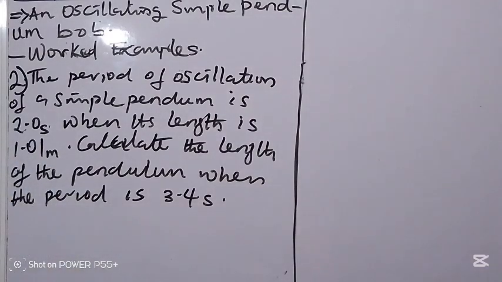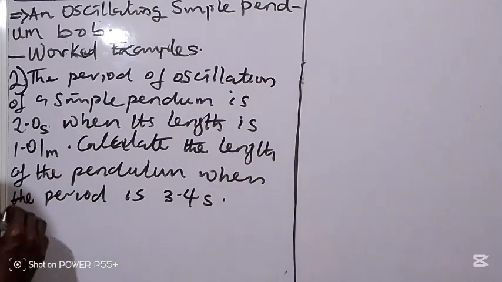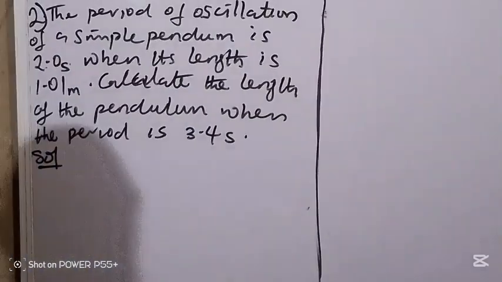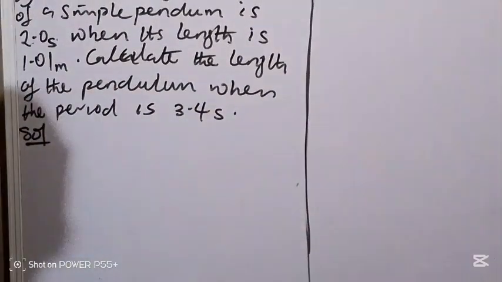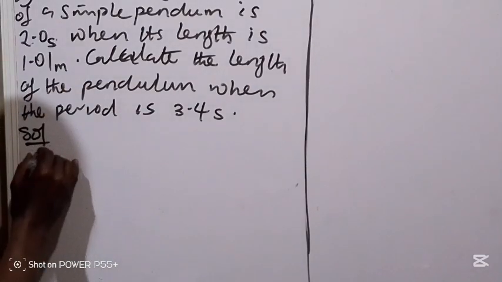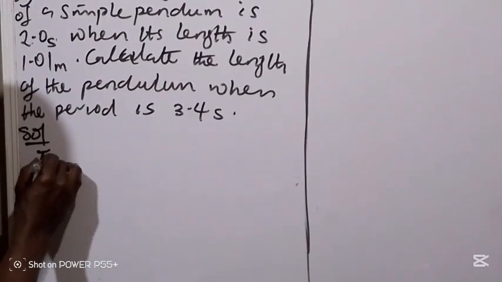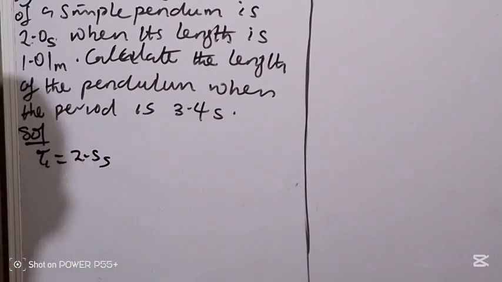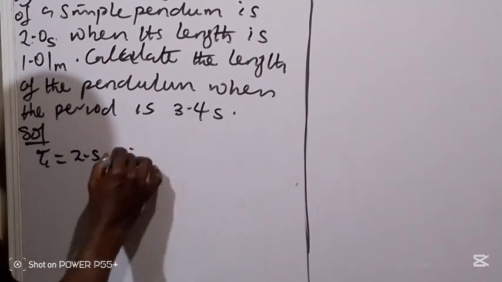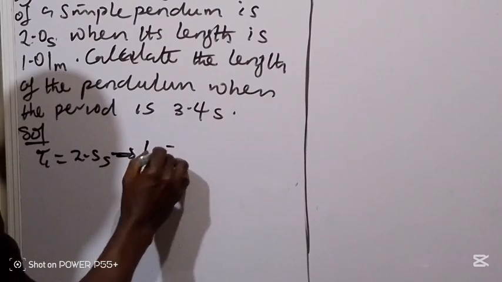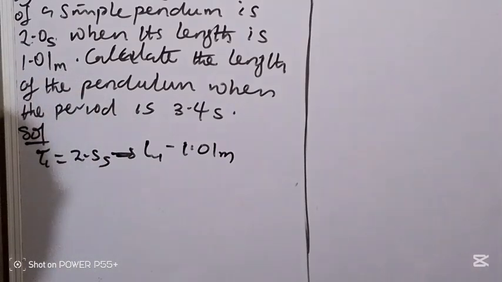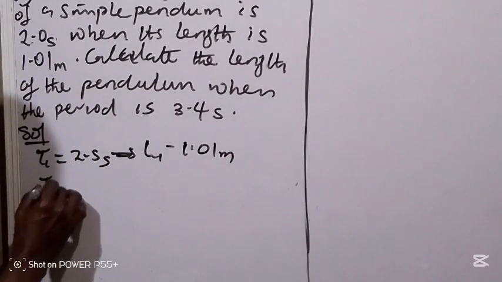From what we have learned before, the period T1 is given as 2.0 seconds when the length L1 is 1.01 meter. Then we have to calculate the length L2 when T2 is 3.4 seconds.